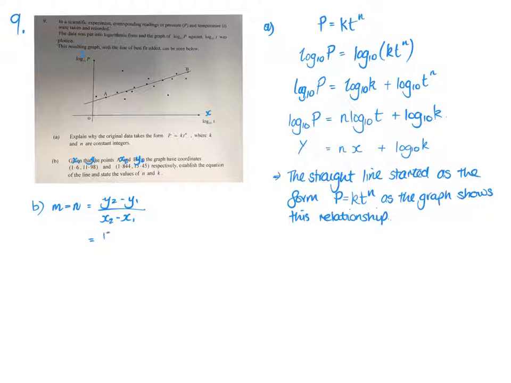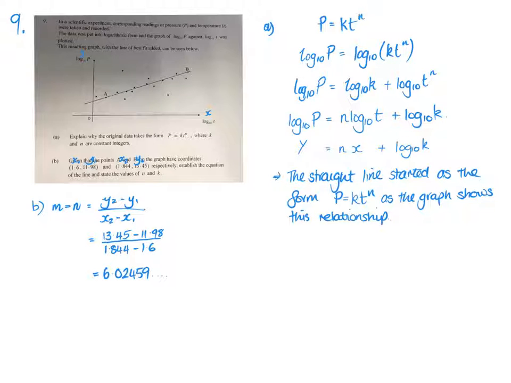So we've got x1, y1, x2, y2. y2 is 13.45, y1 is 11.98, and then x2 is 1.844, and x1 is 1.6. In this case it's a calculator question, so we can use our calculators to work this out, and we get 6.02459.